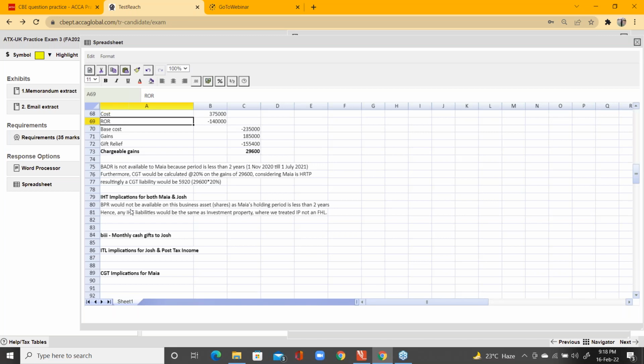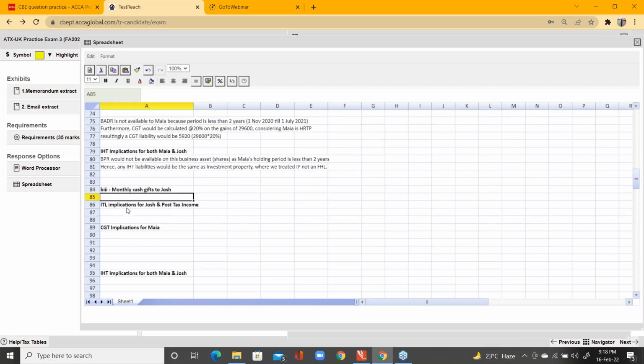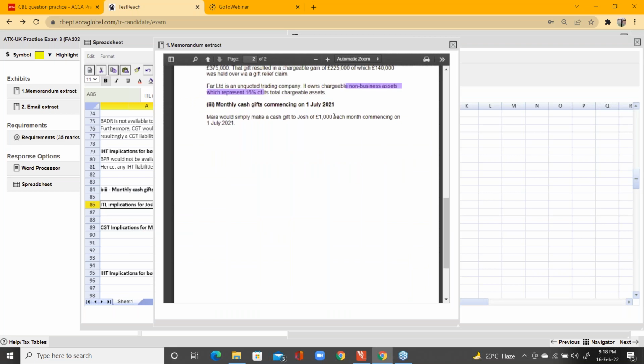Okay, moving forward, part B3, where the person would be giving 1,000 cash each month commencing from 1st July, and we are talking about the remaining 21 months till 5th April 2023. So it means over here Josh would be getting 1,000 per month for 21 months.